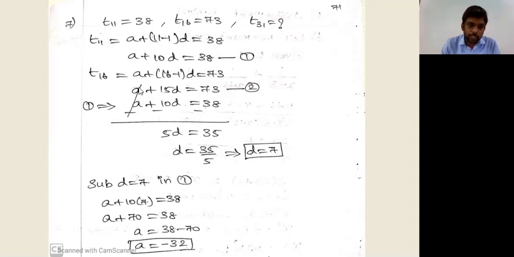Now adding these two equations, A minus A is 0, 15D minus 10D is 5D equal to 73 minus 38, which is 35. This is how you will be solving the pair of linear equations in two variables. So 5D is equal to 35, or D is equal to 35 divided by 5, which is 7.